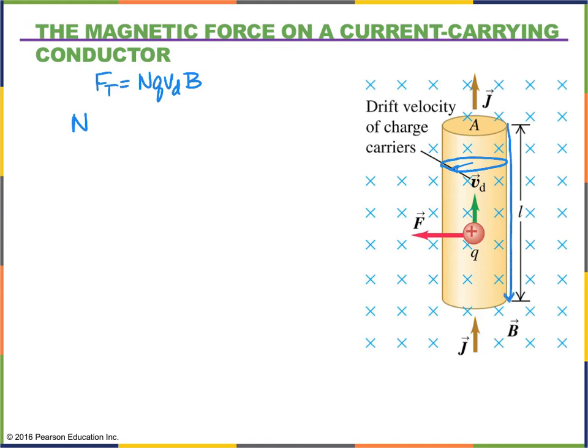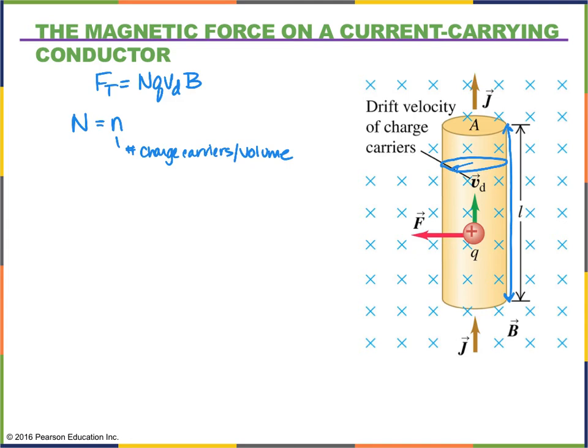In that wire, it has a charge carrier density. Remember that little n is the number of charge carriers per unit volume.